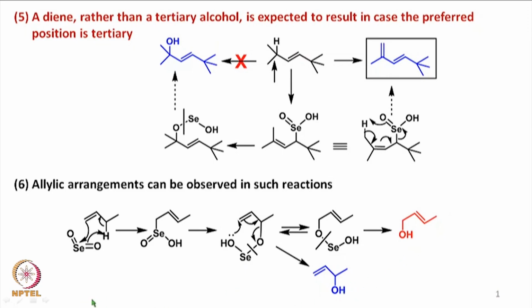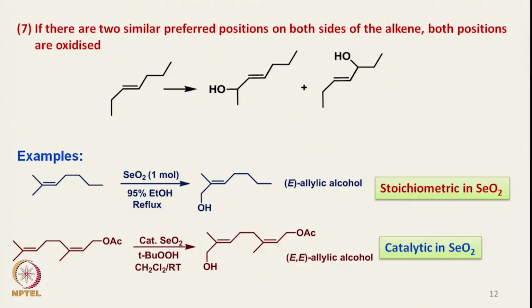Both these allylic alcohols are actually seen, and thus allylic rearrangements are accompanied by the formation of two different types of allylic alcohols. Now, if there are two similar preferred positions on both sides of the alkene, such as here and here, so we can get oxidation here as well as here.